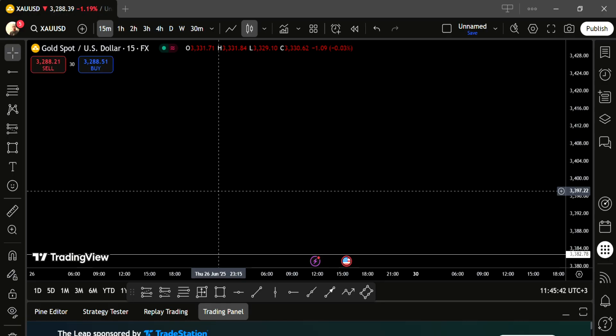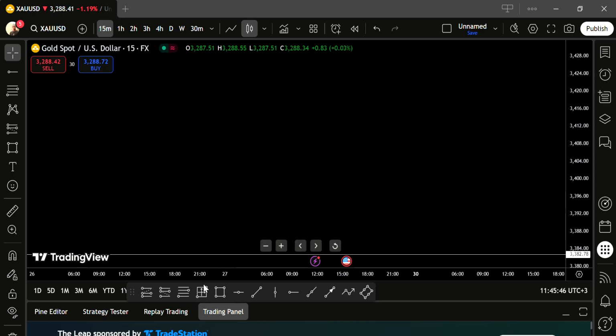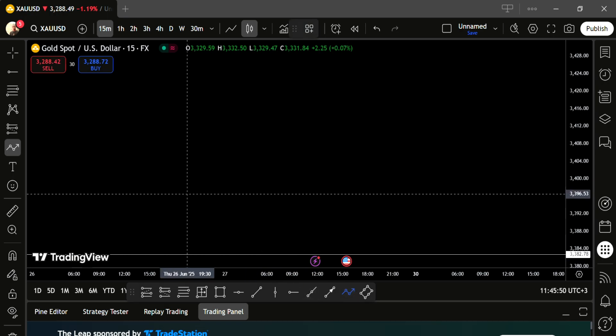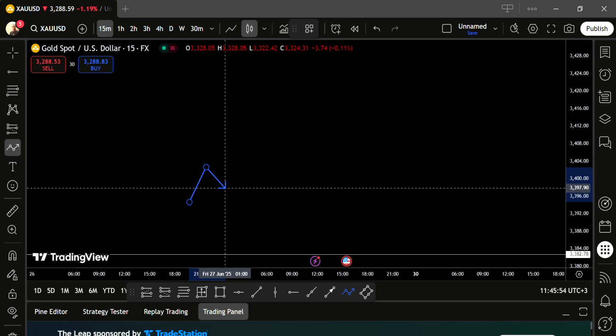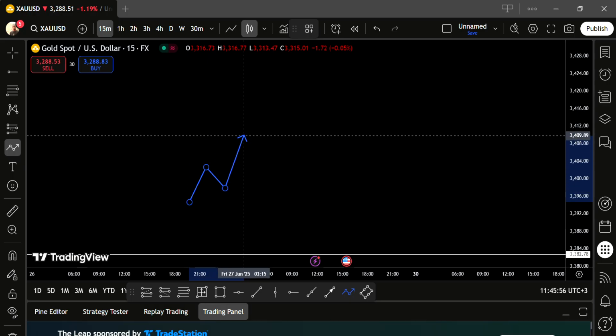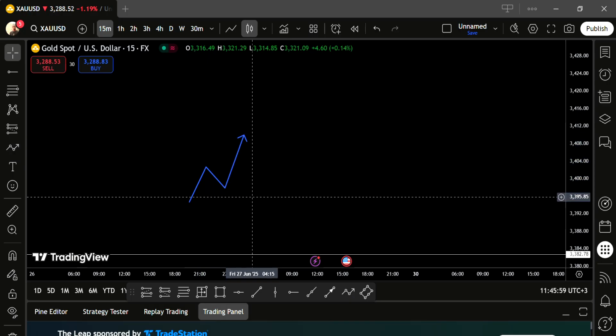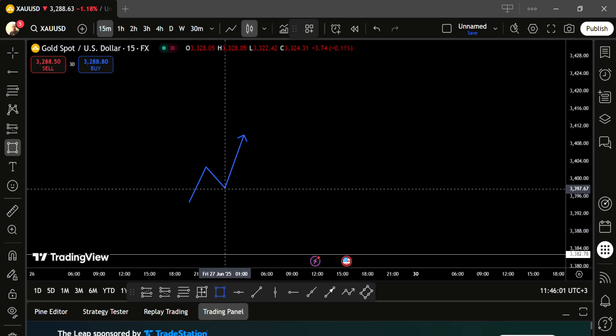Continuation, the continuation setups. If you're looking for continuation entries, you're going to have something like this, like that. So then you're going to have a demand zone here.